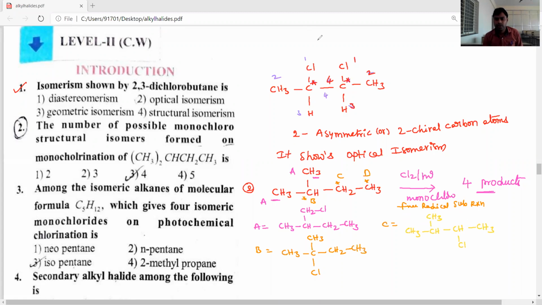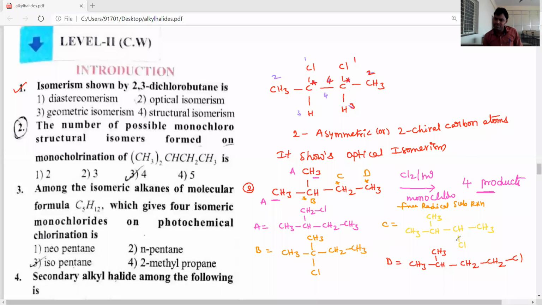Okay, let's go for the D product. The D product is CH3, bond CH, bond CH3, bond CH2, bond CH2Cl. The IUPAC names are all different, but the molecular formula is the same for A, B, C, D. But the arrangement is different, so they belong to different compounds.